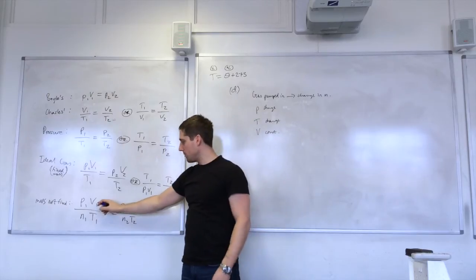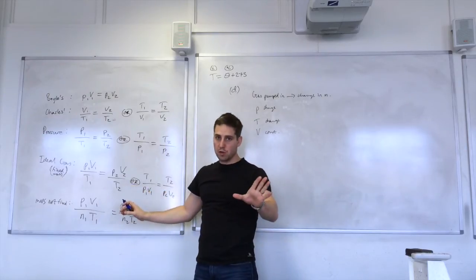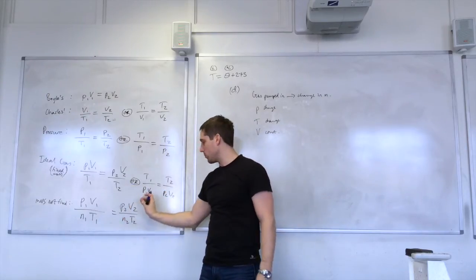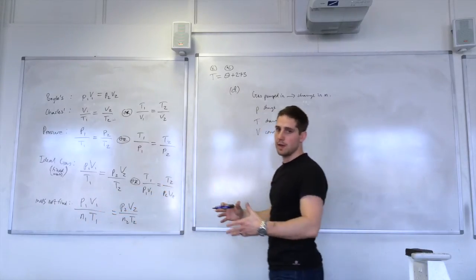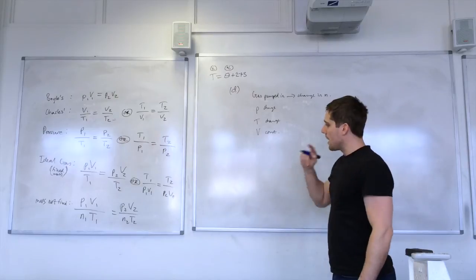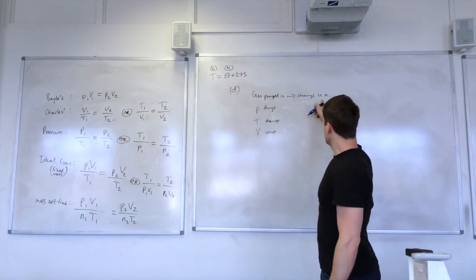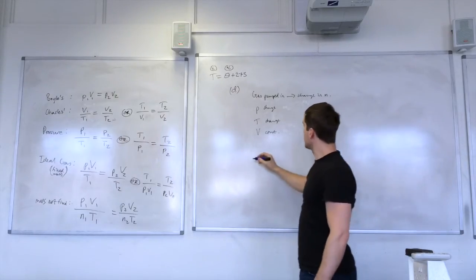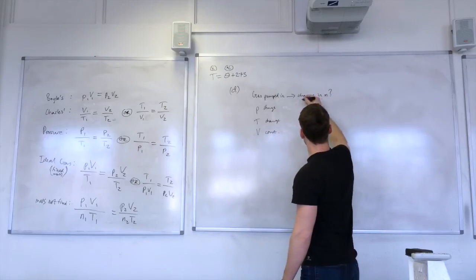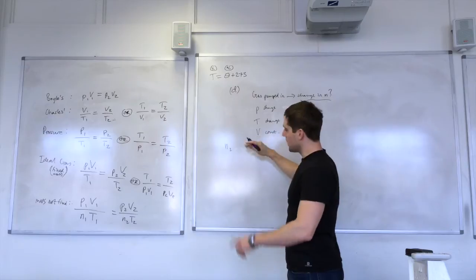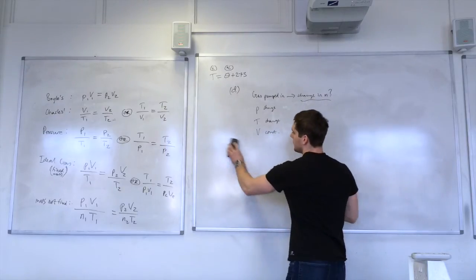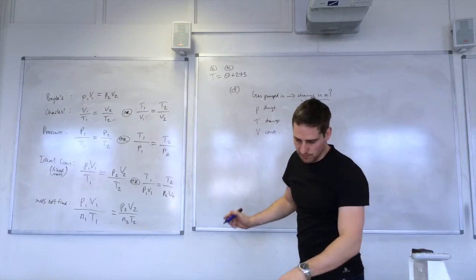But if the volume is constant, then V1 equals V2, and that will cancel out of the equation. So we'll use that equation, cancel out the V's, and then rearrange it. Now notice I want to find what the change in N is. Actually, you don't know that yet. I haven't stated what the quantities are, so let's write the quantities down.